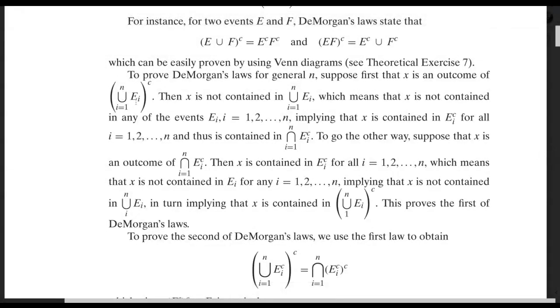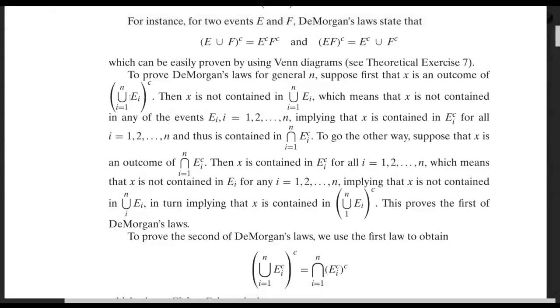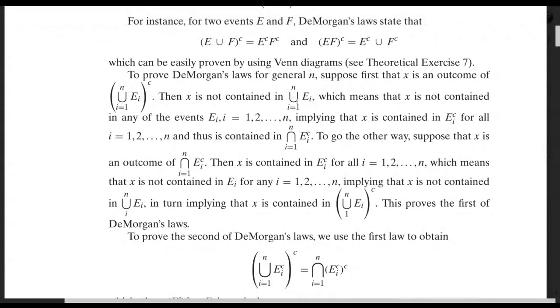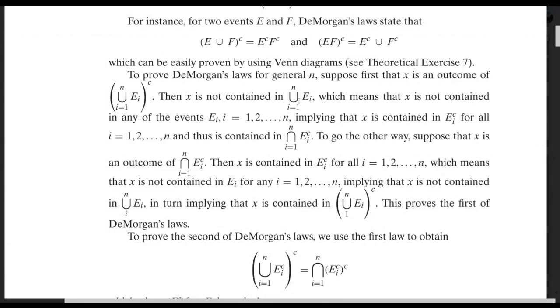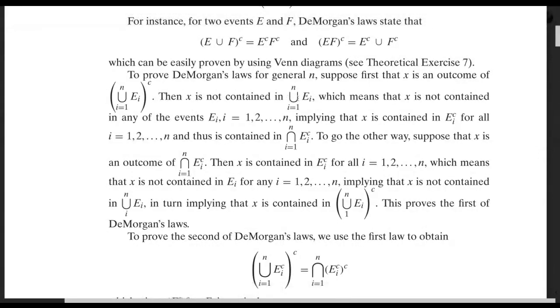If x is in the complement of the union, then that means x will not be in the union, because if it's in the union complement, of course it's not going to be in the union.